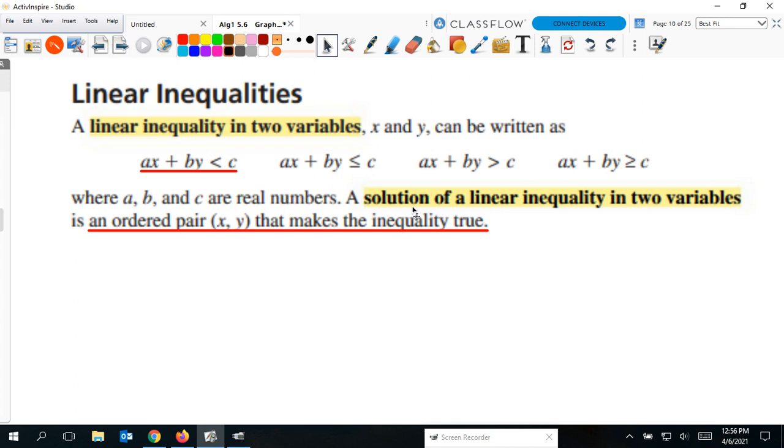So what we're going to do first is check some ordered pairs. They're going to give us an ordered pair. We're going to plug the x and the y into our linear inequality here, and then we'll see if it's true. If it's true, then it is a solution. If it's not true, if it's a false statement, then it would not be a solution.